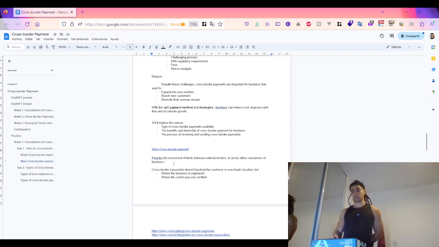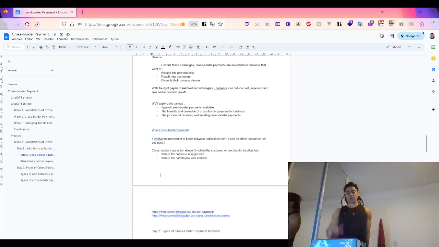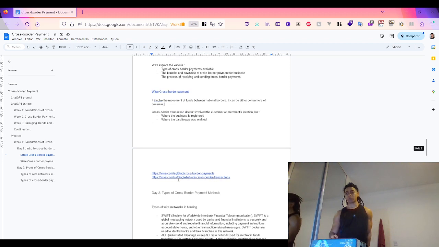So what is cross-border payment? It involves the movement of funds between national borders, as I mentioned before. A cross-border transaction doesn't depend on the customer's or merchant's location, but on where the business is located and where the card used to pay was issued.